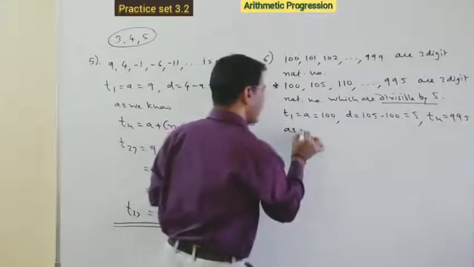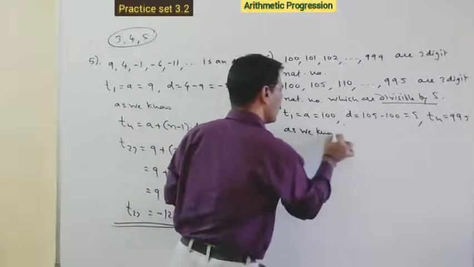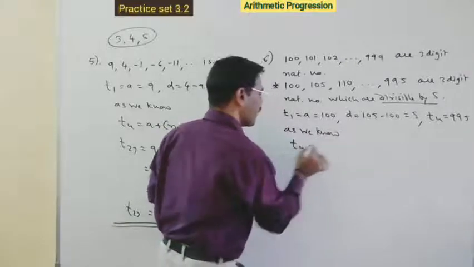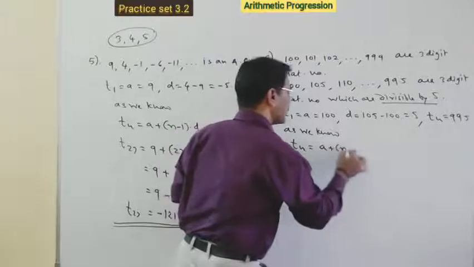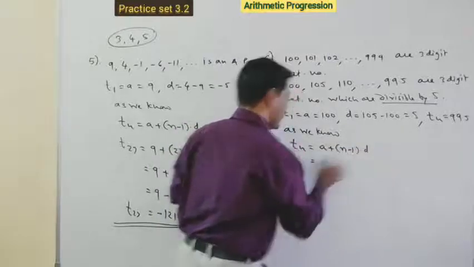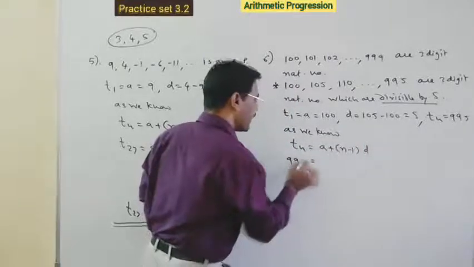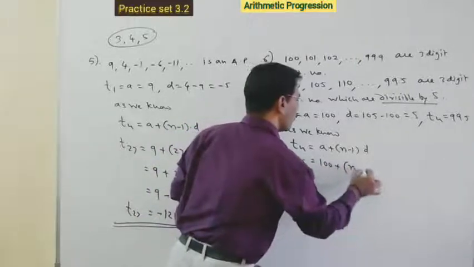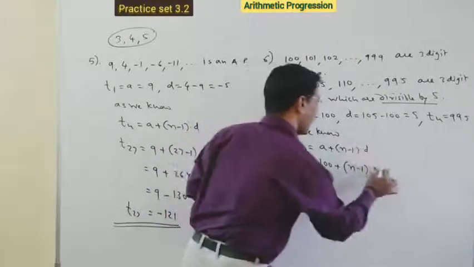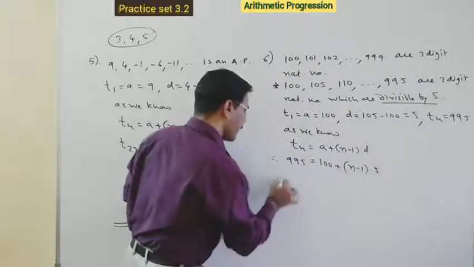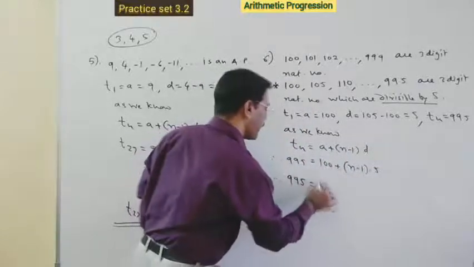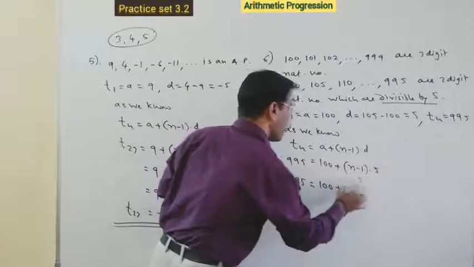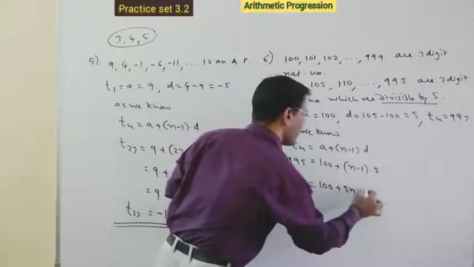So again, as we know the formula, Tn is equal to a plus n minus 1 into d. Tn means 995, a is 100, n we don't know, d is 5. Now just try to simplify. What do we get here? 995 is equal to 100 plus 5n minus 5.